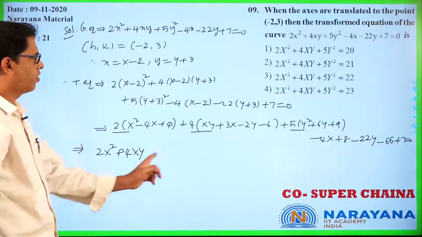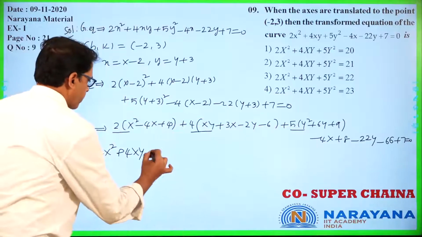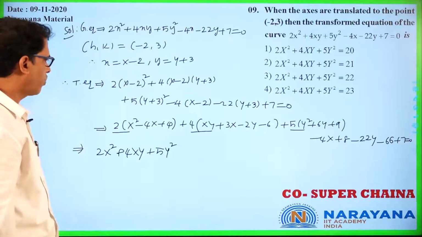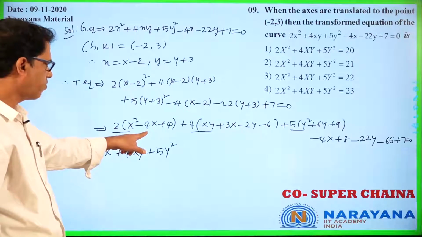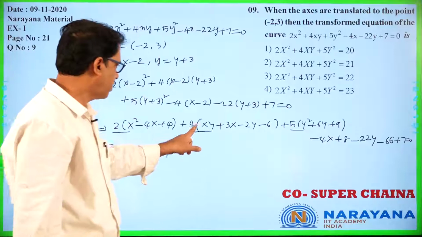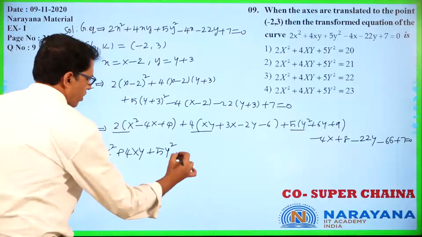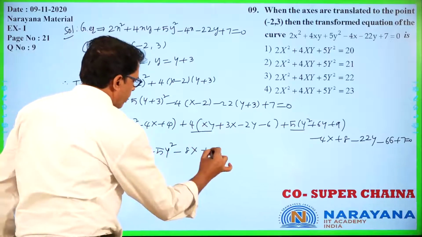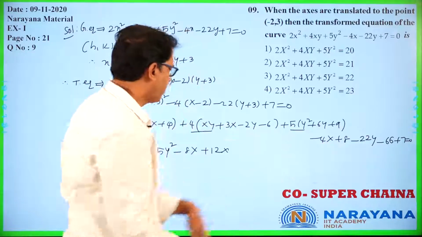Then the y square term, so 5y square. Now look at the x terms: minus 8x, then plus 12x, then minus 4x.